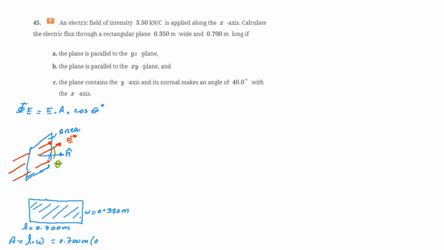So what we have now is one plane that is at an angle, with a normal that will be like this, and with a field that will be like this.